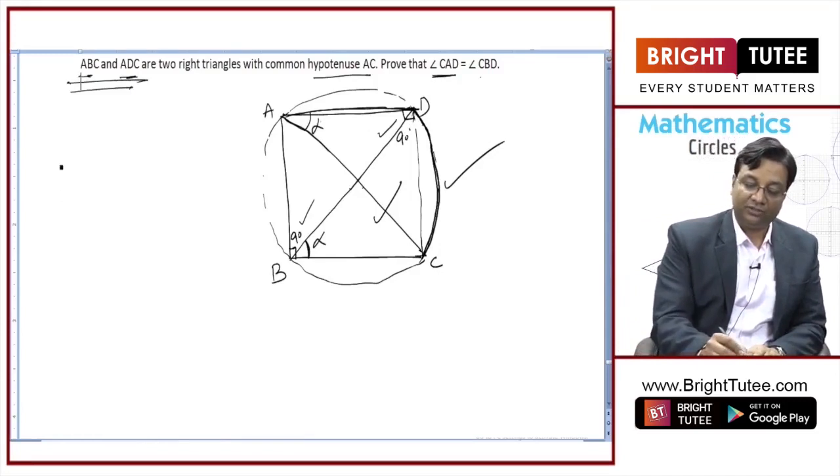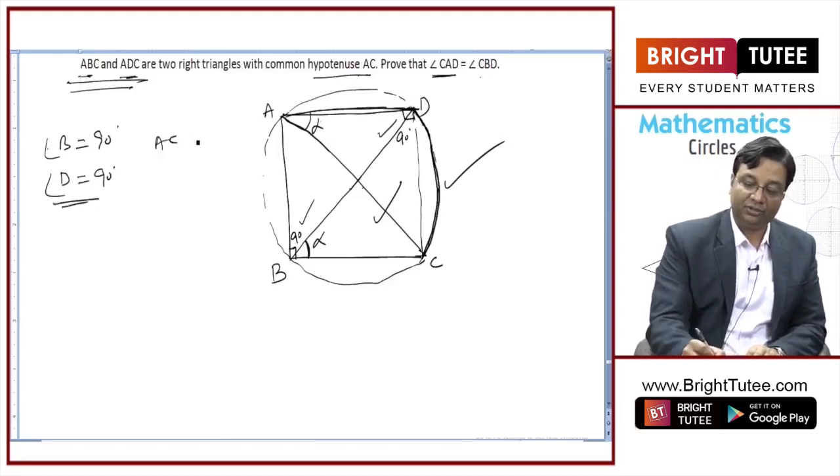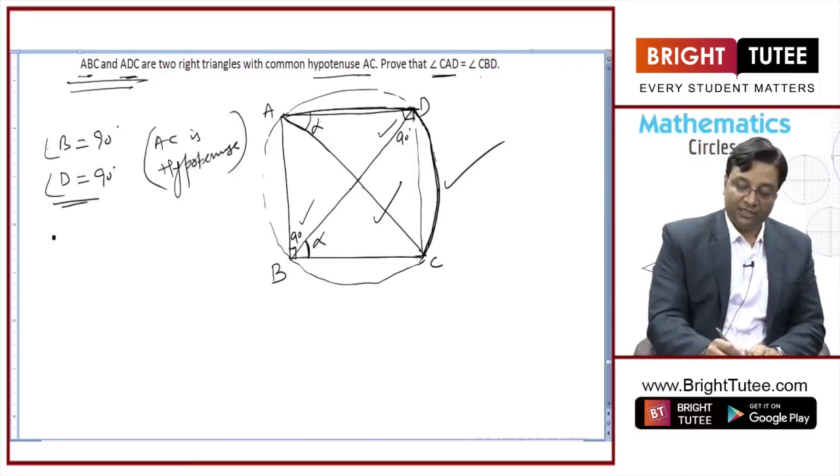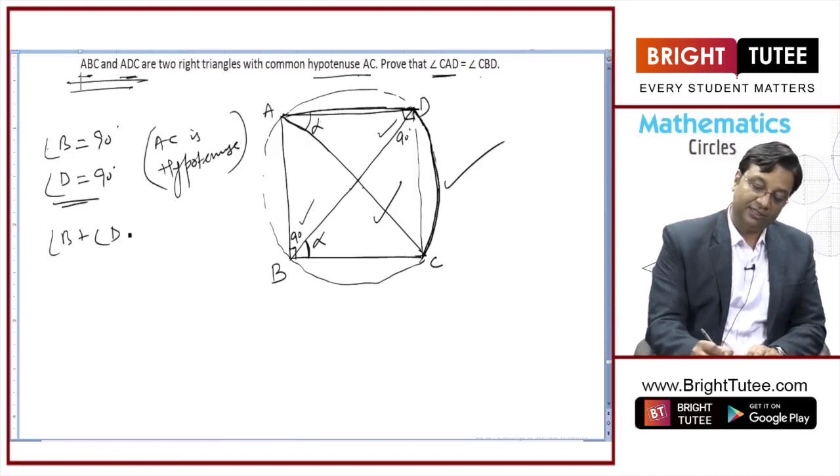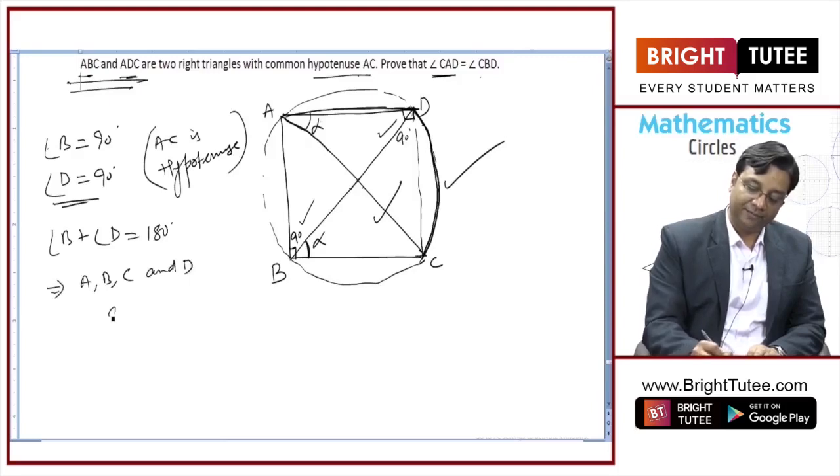So, once I draw this figure, I will say angle B is equal to 90 and angle D is equal to 90, because AC is hypotenuse. So, angle opposite the hypotenuse is a right angle. So, angle B plus angle D is equal to 180 degrees. Hence, A, B, C and D are concyclic.